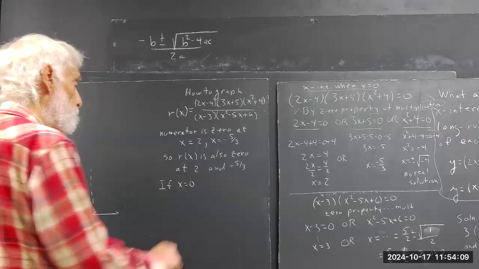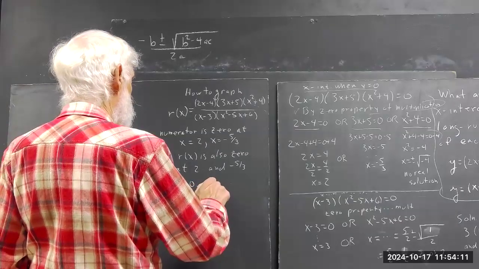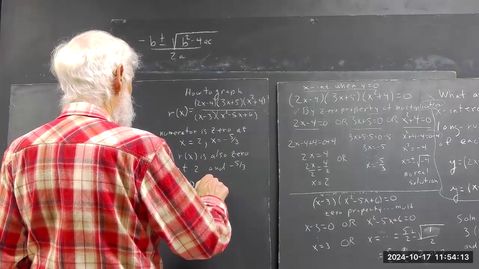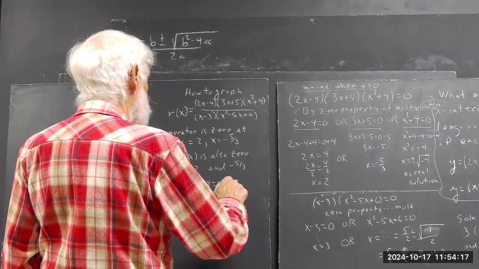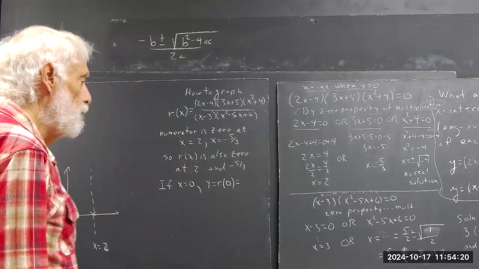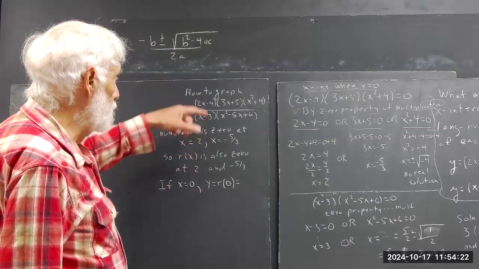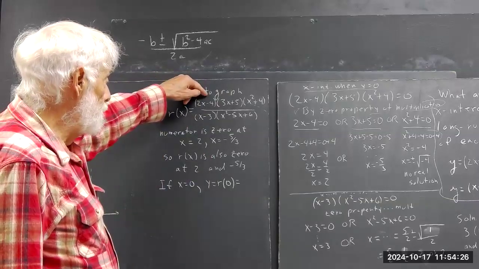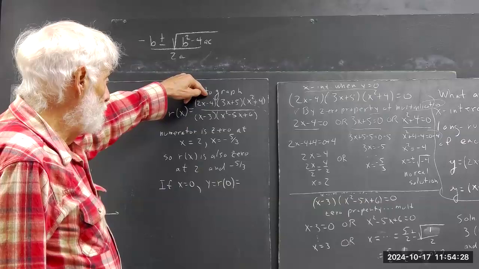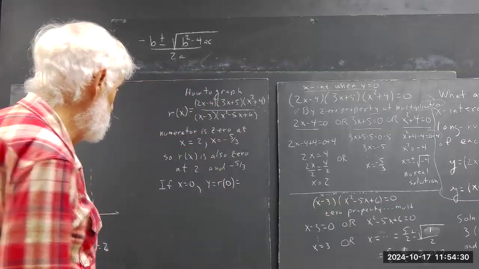If X equals 0, Y equals R of 0, R evaluated at 0. We already evaluated the numerator and the denominator when X equals 0. We had -80 in the numerator, and in the denominator, we have -18.